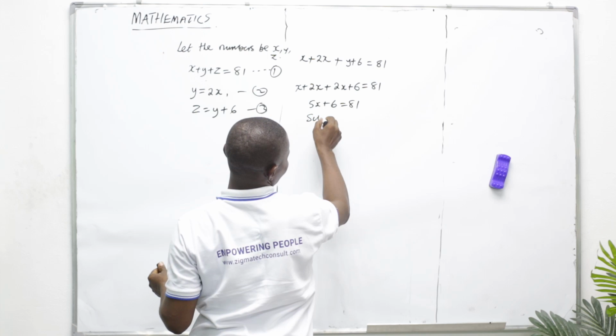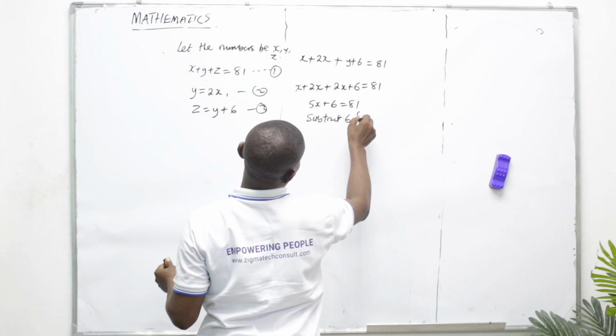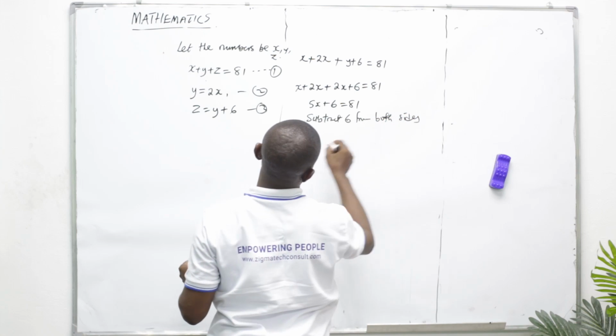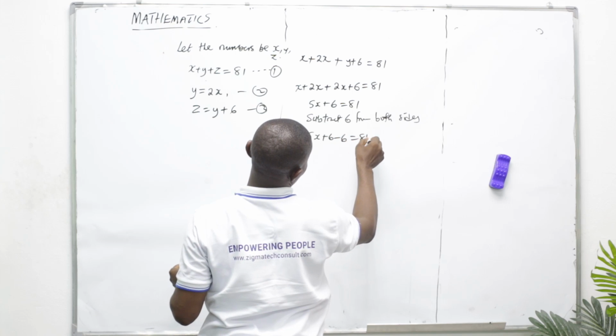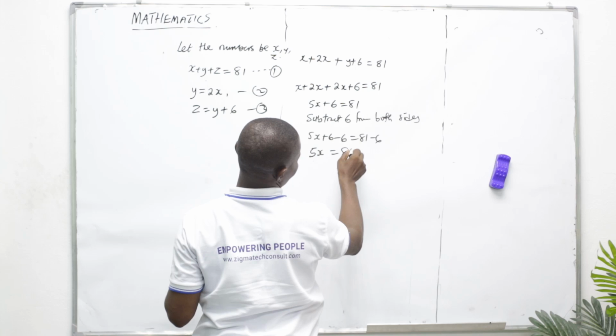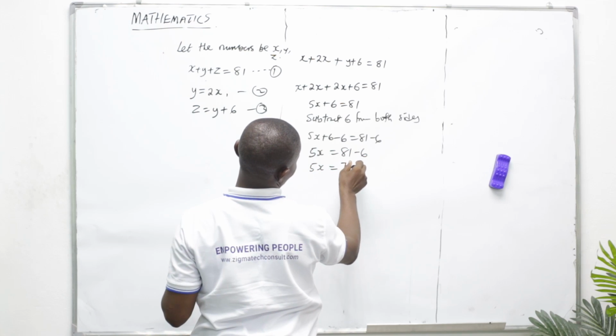Now subtract 6 from both sides. I have 5X plus 6 minus 6 equals 81 minus 6. Now 5X equals 75.